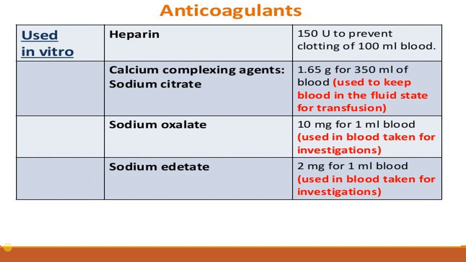Whenever we transfuse any blood, at that time we should add 1.65 gram to 350 ml blood. Okay, next is sodium oxalate. 10 mg for 1 ml blood, used in blood taken for investigation. Sodium fluoride, 2 mg for 1 ml blood, used in blood taken for investigations.